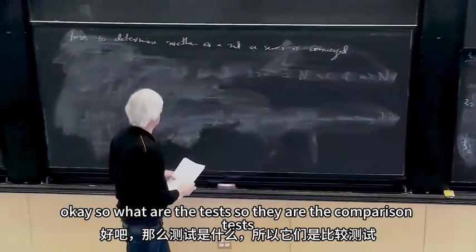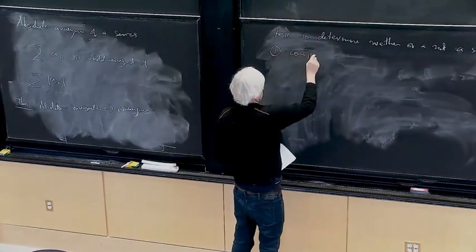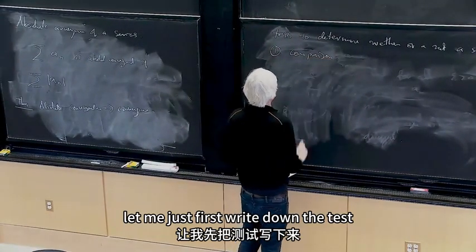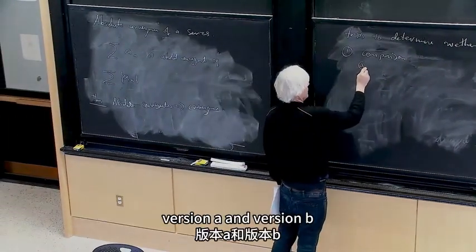Okay, so what are the tests? There are the comparison tests. Let me just first write down the tests. So the comparison test, and there were 2 versions, version A and version B.